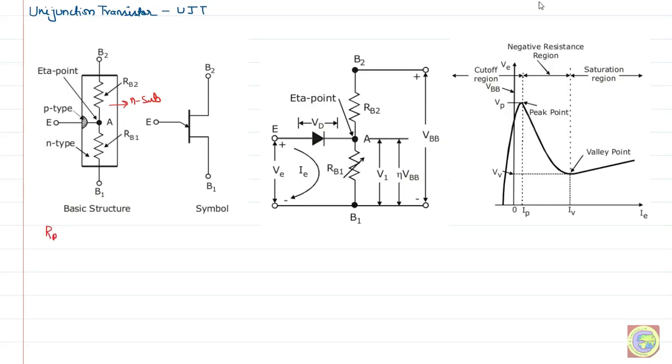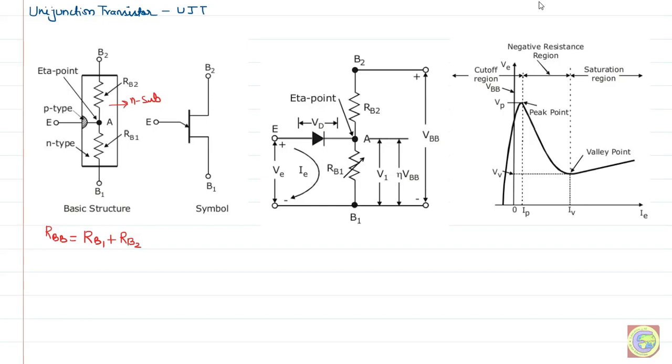The value of RBB is the simple sum of the resistance of base B1 with respect to the eta point and the resistance of base B2 with respect to the eta point. So RB2 and RB1 are shown over here.